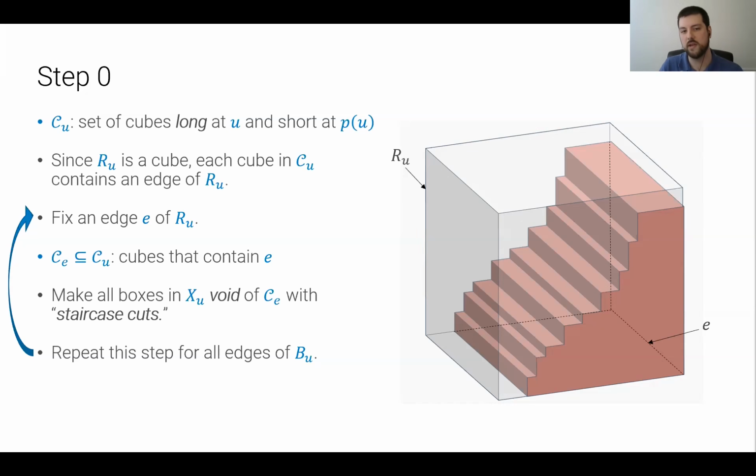Our goal again is to make XU void of specifically this subset of cubes, CE, using so-called staircase cuts, which we'll introduce in a moment. And then we're going to repeat this for every edge of the box, because every cube in CU contains some edge. This will achieve the original goal of step 0, to make XU void of all cubes in CU.